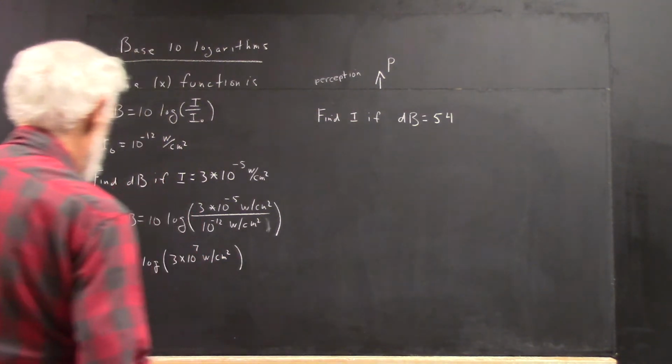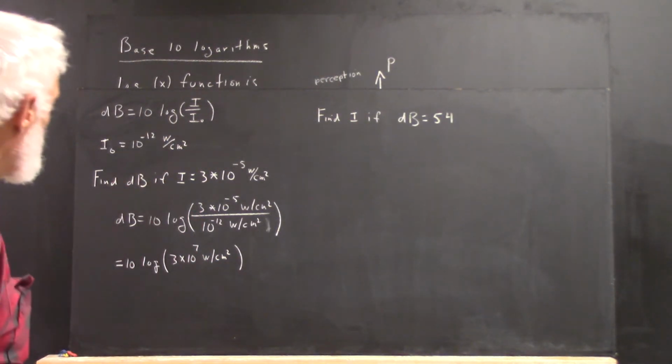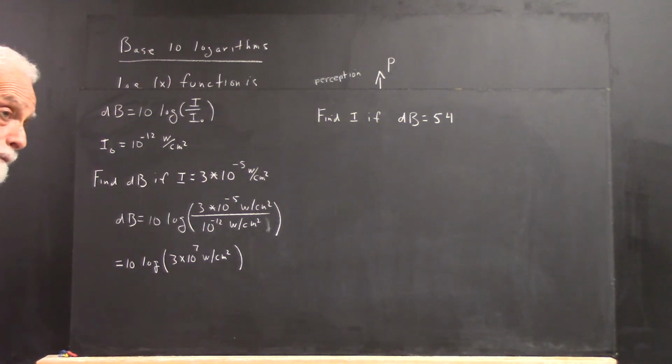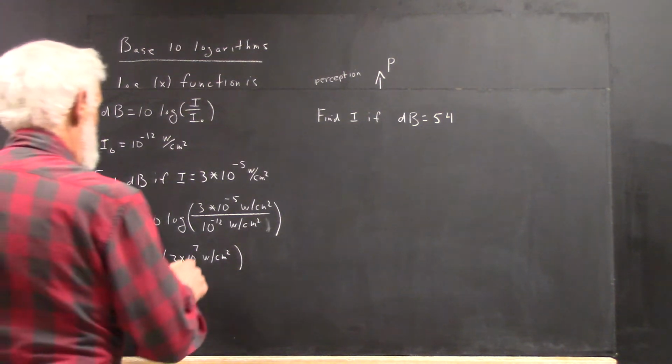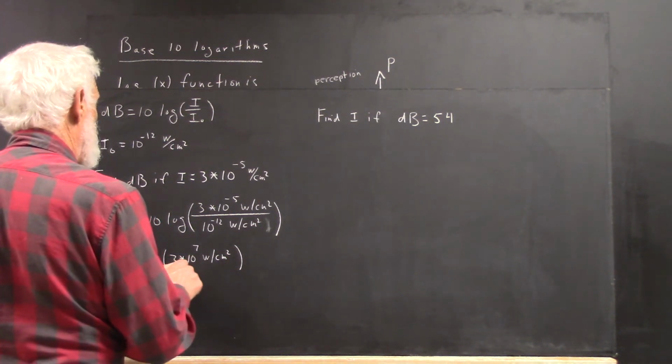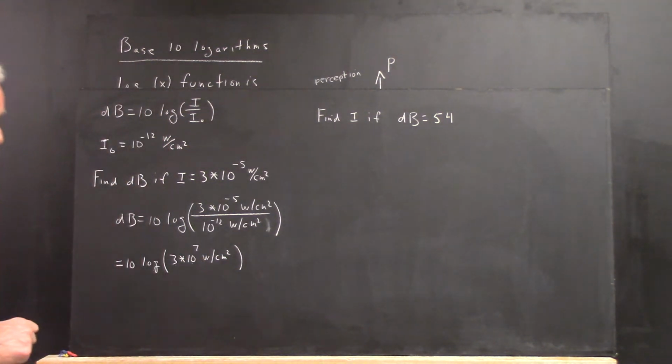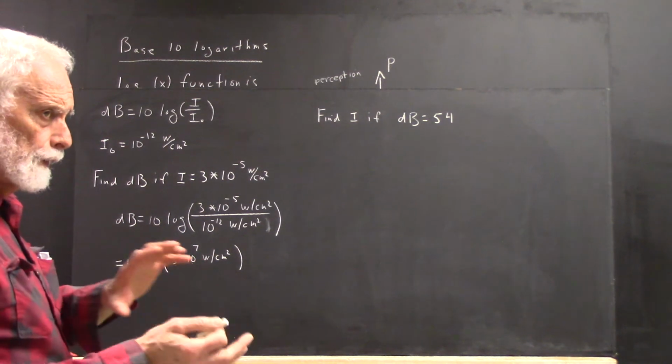watts per square centimeter. Now there's a property of logarithms that we can use. If you have the log of a product of two numbers, it's just kind of a flip side of a law of exponents.